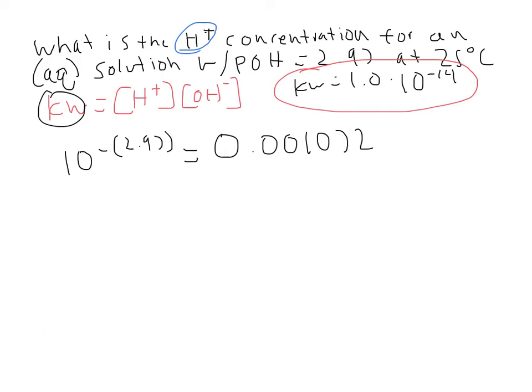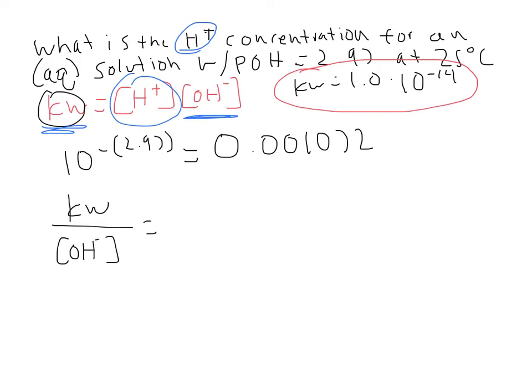Alright, so now we just have to solve for the unknown. We know the value of KW, and we know the value of OH minus. We do not know the value of H+. So pretend that's X and just do simple algebra here. KW divided by OH minus equals the concentration of H+.